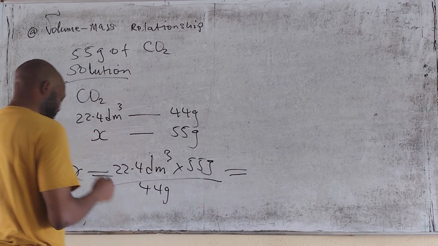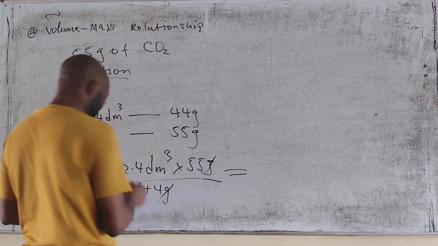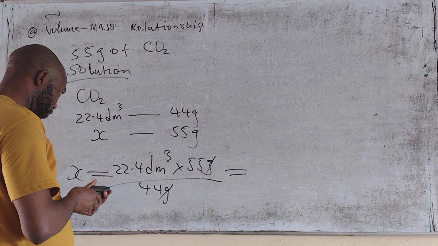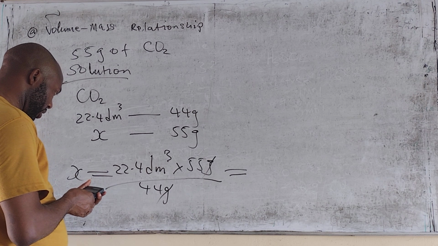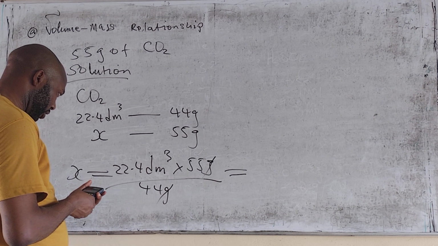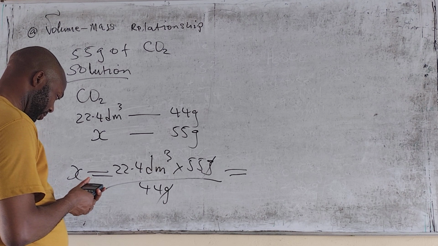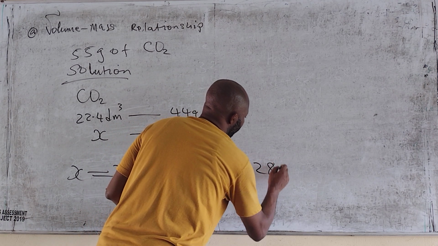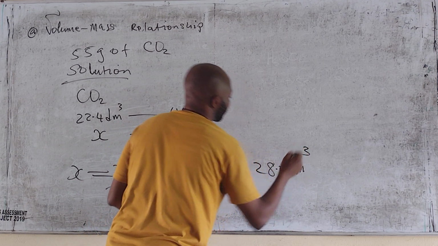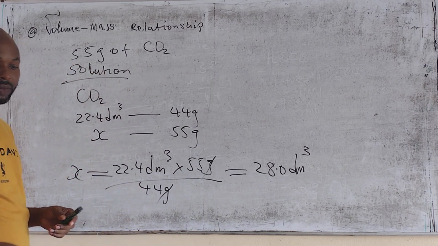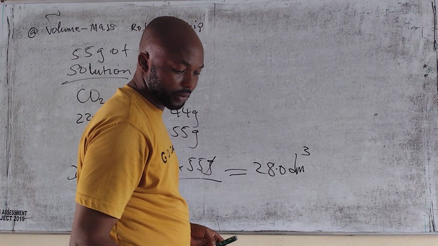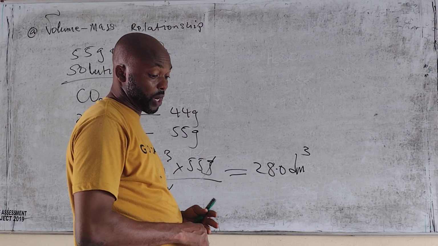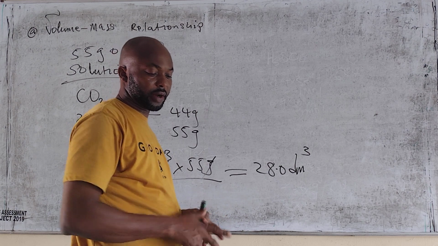And that is equal to, if I cancel my gram out, 22.4 times 55 divided by 44, which is 28.0 dm cube. Okay. In mass volume relationship, I'm going to solve one, and the rest will be assignment.